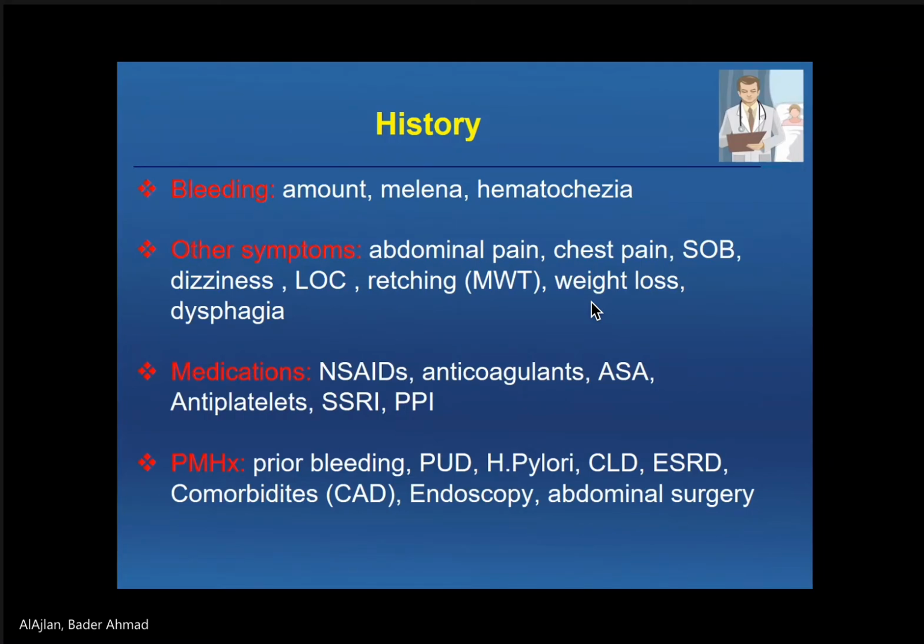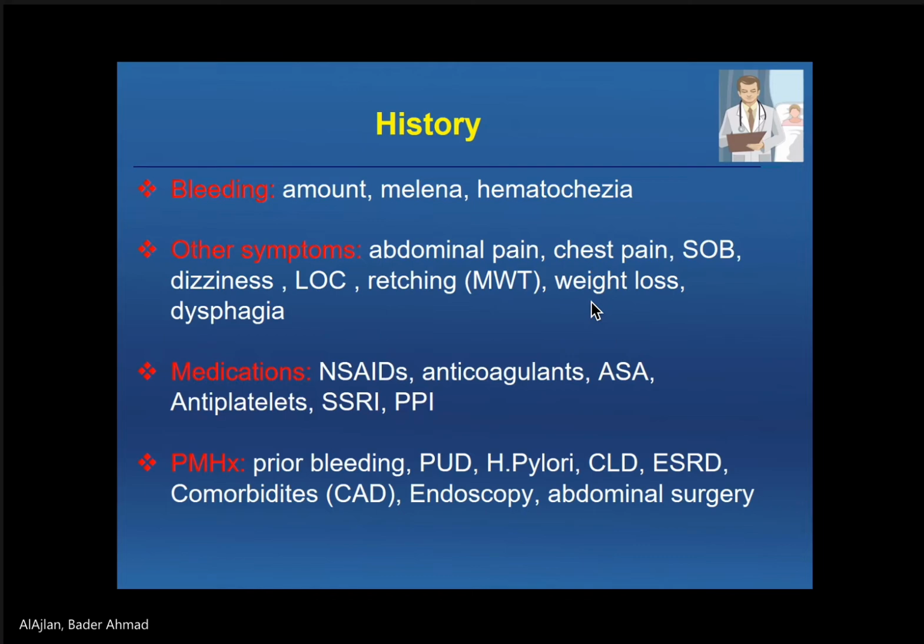As I mentioned, sometimes they might have a history of retching or vomiting, then it turns to blood, and this is, as I mentioned, a Mallory-Weiss tear. Of course, weight loss and dysphagia are important to ask about because they can hint you to the etiology of the disease. Medication is important to know because, as I mentioned, NSAIDs and aspirin increase the risk for peptic ulcer disease.